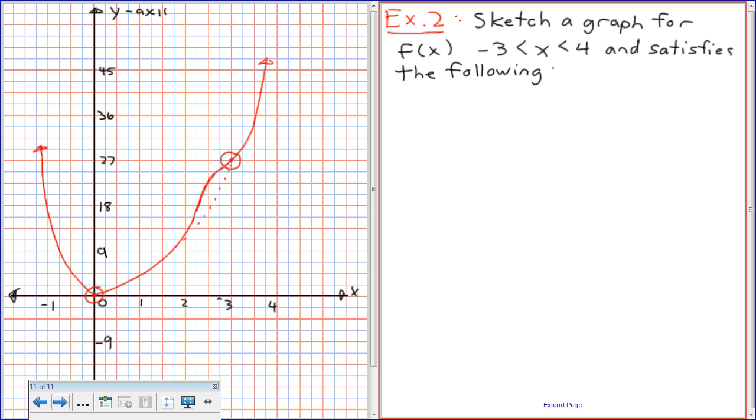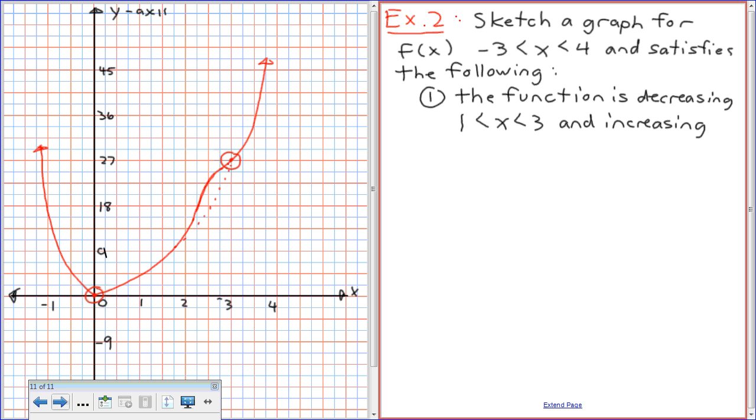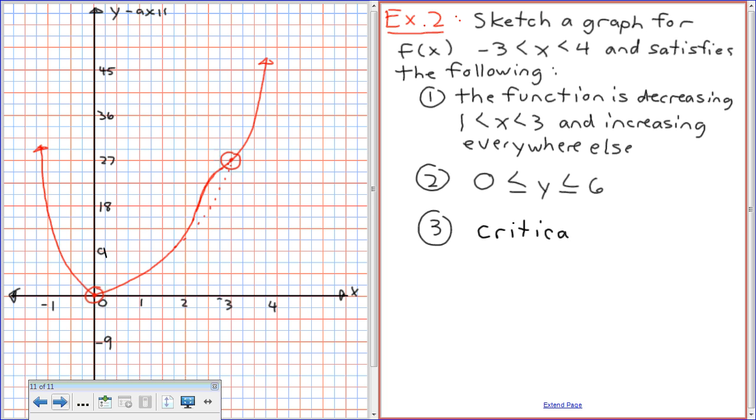Okay, this one's going a little bit backwards. What did I say about the name?